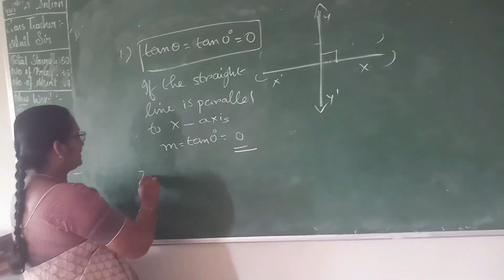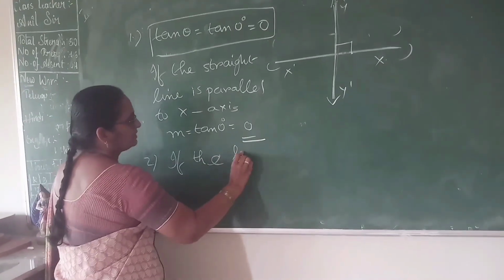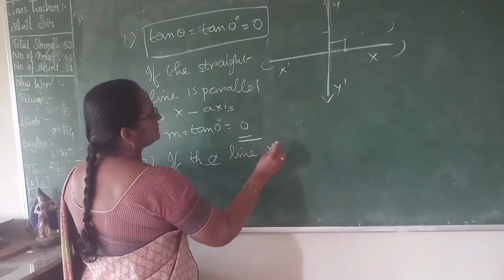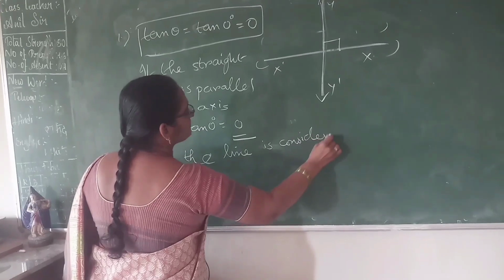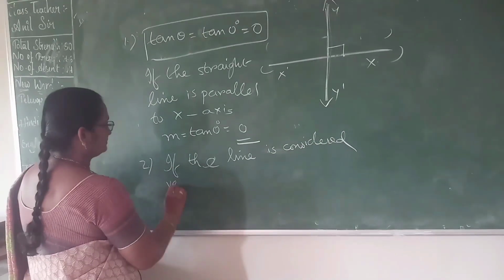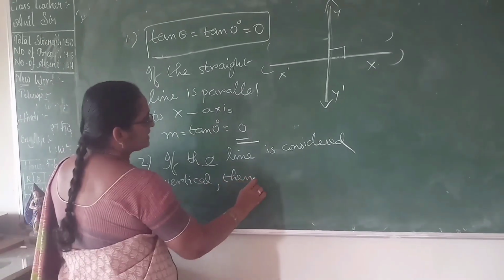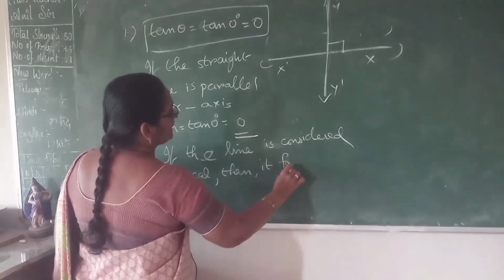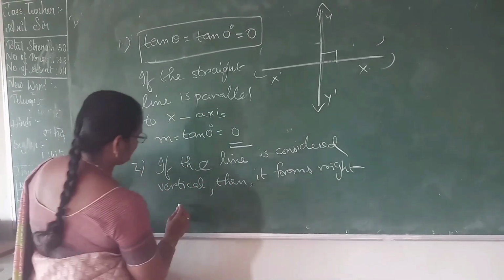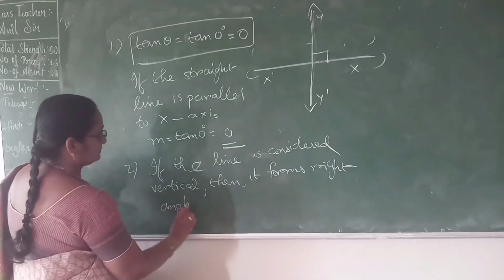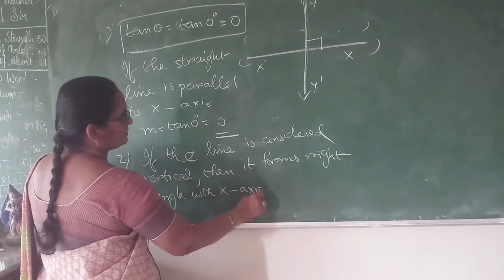If the line is considered vertical, then it forms a right angle with the x-axis.